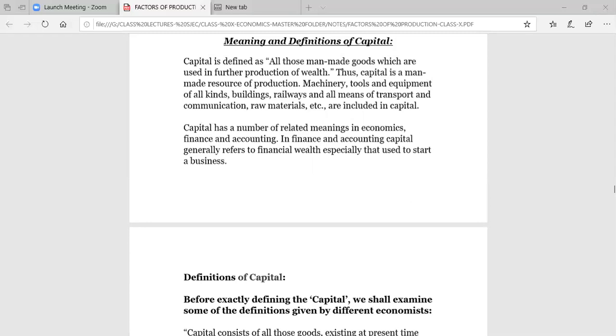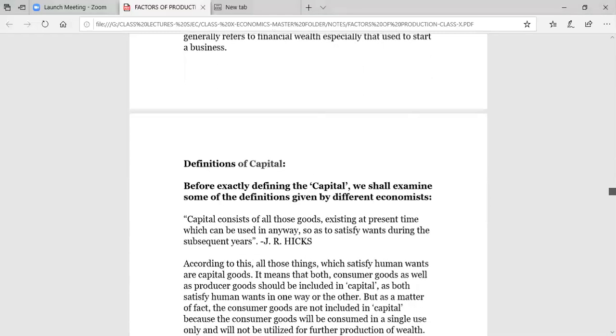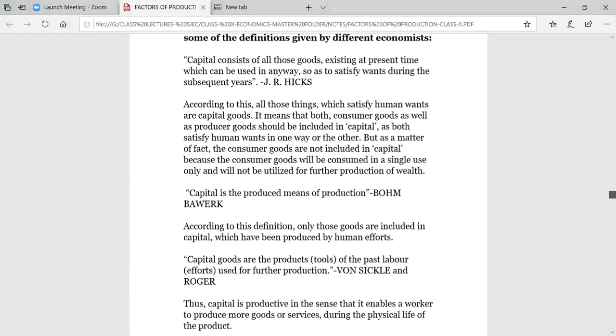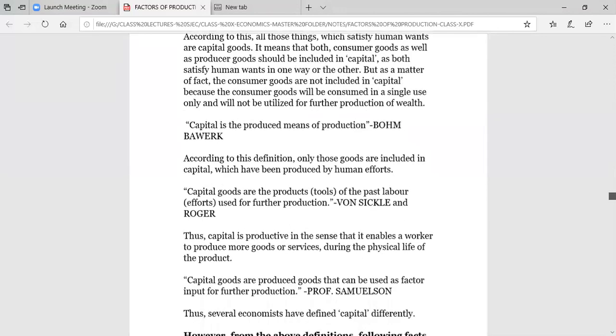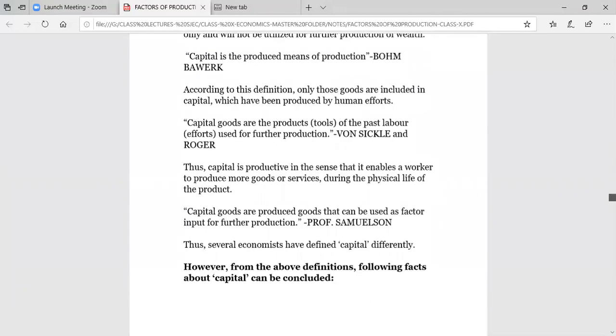Now, when we are talking about the definition of capital, there are so many economists who have defined capital in their own terms. You can go through all these definitions. But in one line, everyone has said capital goods are produced goods that can be used as a factor of production for further production.